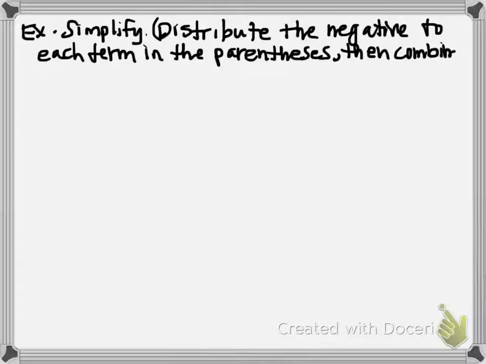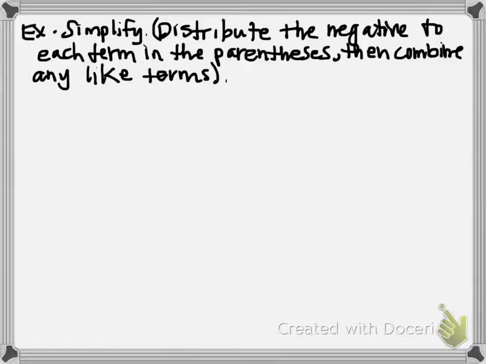There may not be any, but if there are, you've got to combine them. Okay? So we hear this direction, simplify, and a general way of understanding that direction is do all the math that you can do until there's no more math to be done.